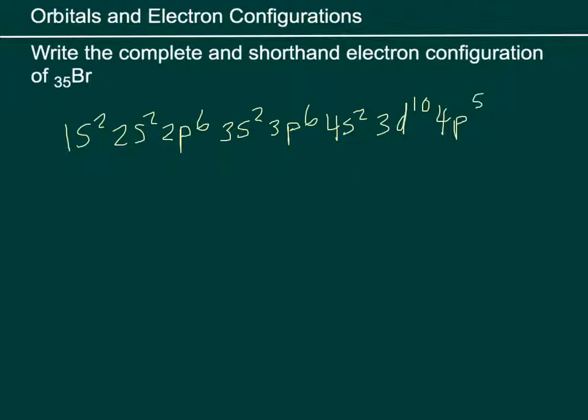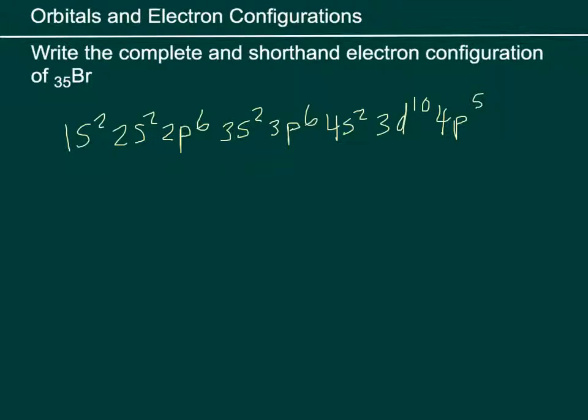It's neutral right now, so that is 4p5. If it happened to be Br minus, where it had an extra electron, we would then call it 4p6, and now you're starting to see why you would form bromine minus, why it's typically a -1 ion, because that will fill the last spot available in that 4p orbital set.